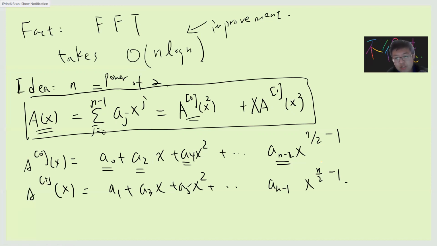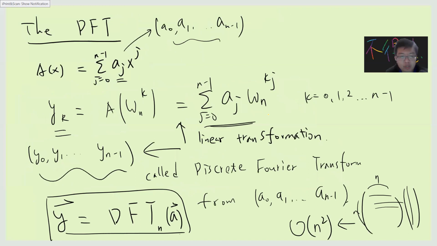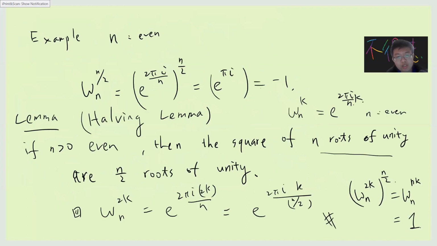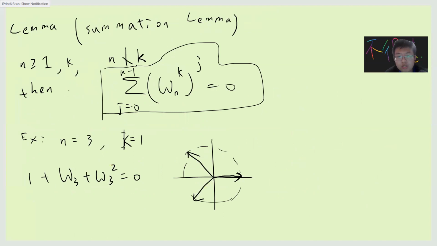Obviously you see something interesting, right? Because this is x squared. As a proof, we have a simple lemma, the halving lemma: if n is even, then the squares of the n roots of unity are the n divided by 2 roots of unity.